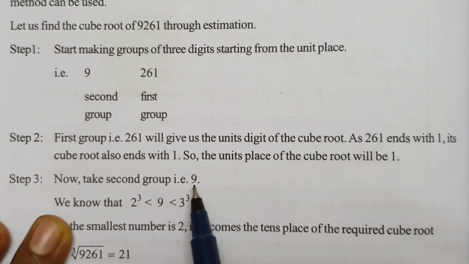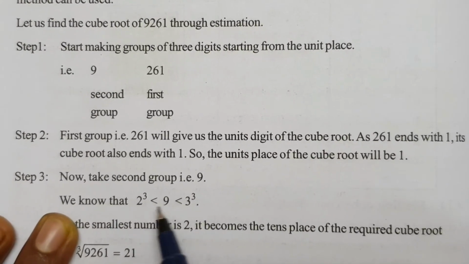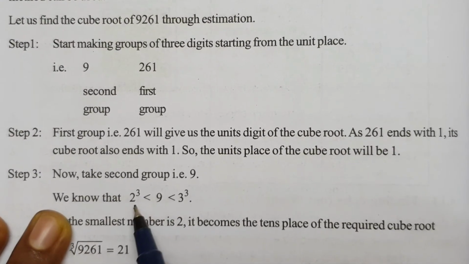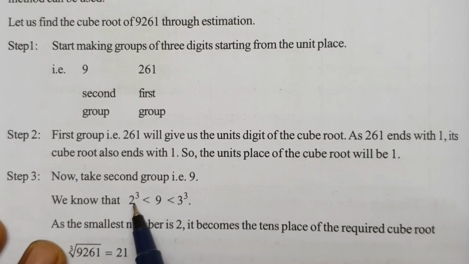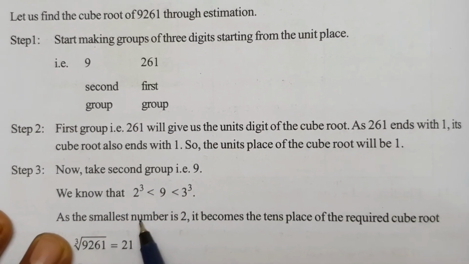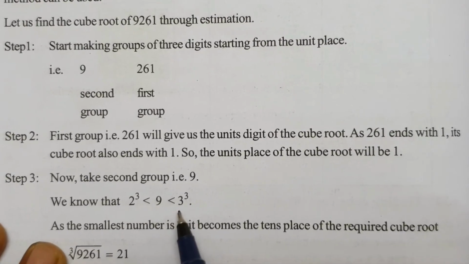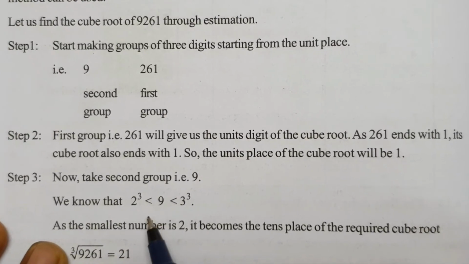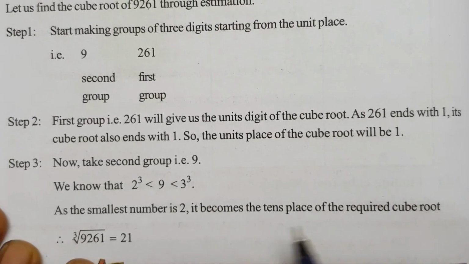Which cubes does it lie between? 1 cubed is 1 and 2 cubed is 8, but 9 is more than that. 2 cubed is 8 and 3 cubed is 27, so 2 cubed is less than 9, which is less than 3 cubed. Take the smaller number, 2, as the tens place of the required cube root.